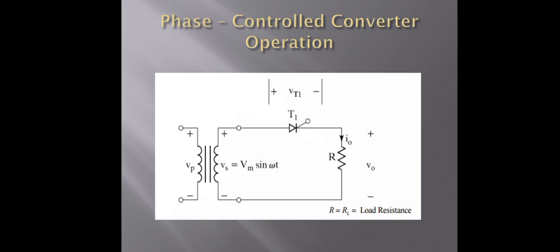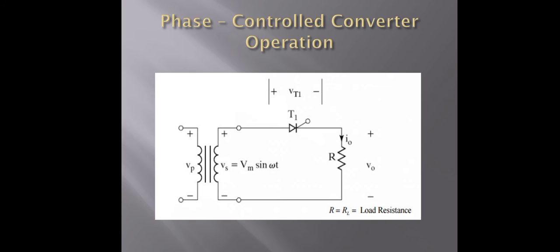When the input voltage starts to go negative, at omega t equal to pi, then the second condition, the negative half cycle, the thyristor T1 gets reverse biased.